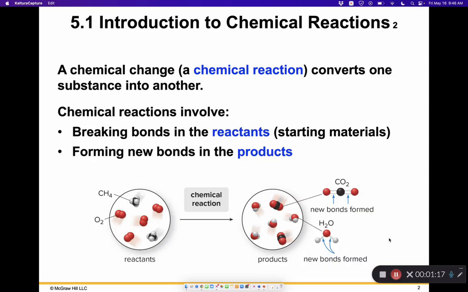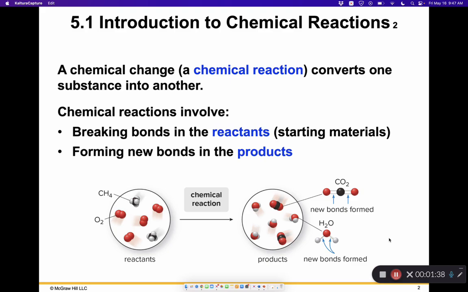There is a change in the composition of atoms, right? So we call it a chemical reaction. A chemical change or a chemical reaction converts one substance into another.